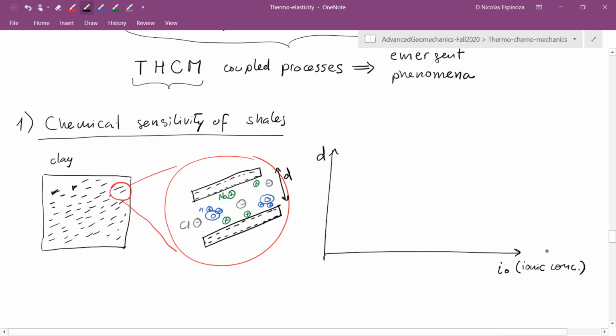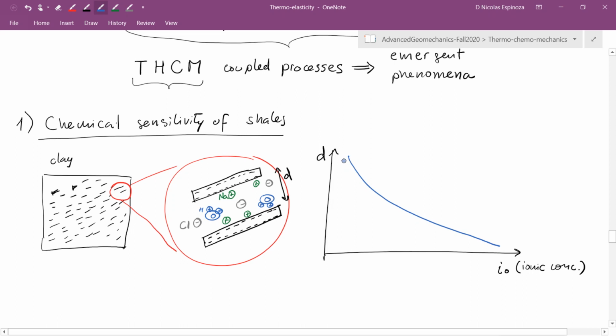And when you have more cations that stick to the clay and neutralize the polarity of the surface, then the distance between the platelets tends to be smaller, and when the ionic concentration decreases, the distance between the platelets tends to be higher.